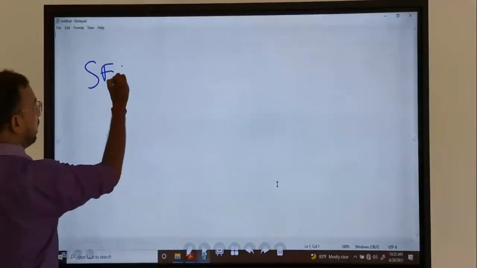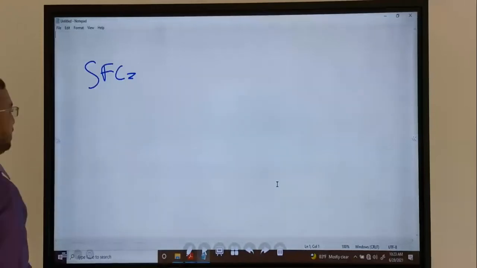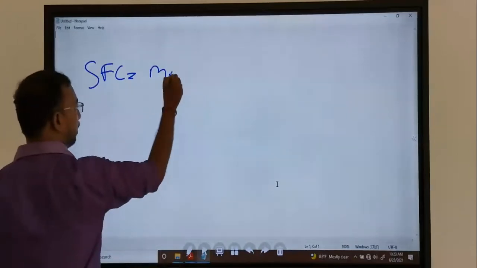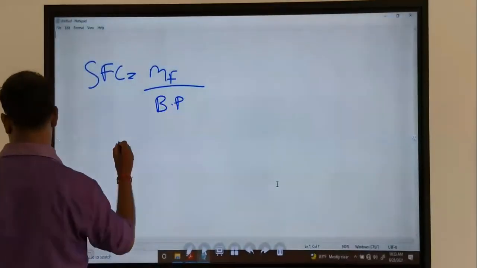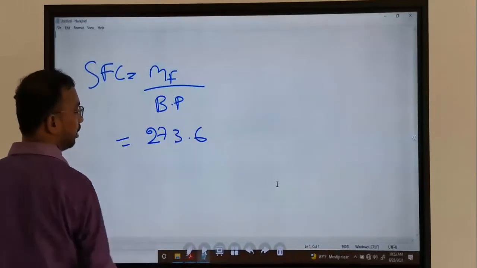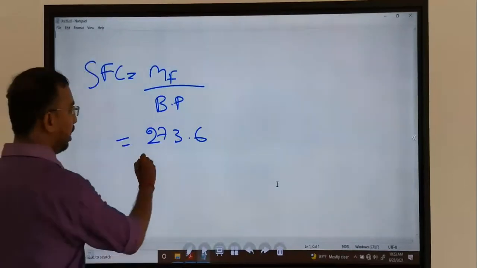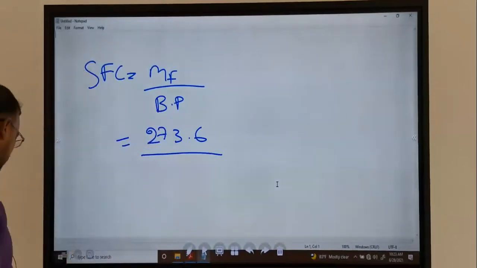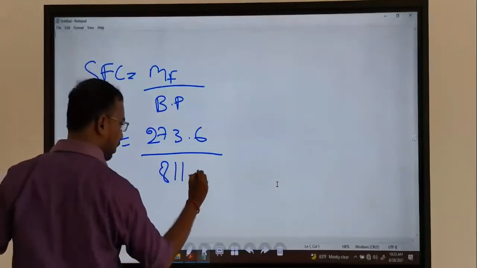So SFC, specific fuel consumption, means MF, mass of fuel consumed, over the brake power. So this is 273.6 kilogram per hour. And here we can put the kilowatt, so straightly we can put 800 into 0.4.